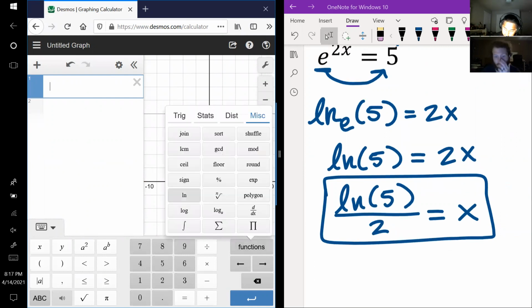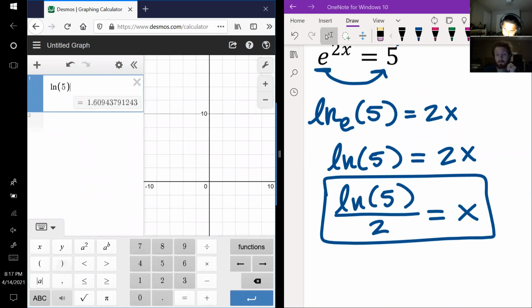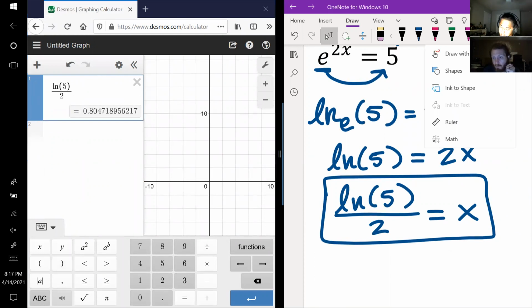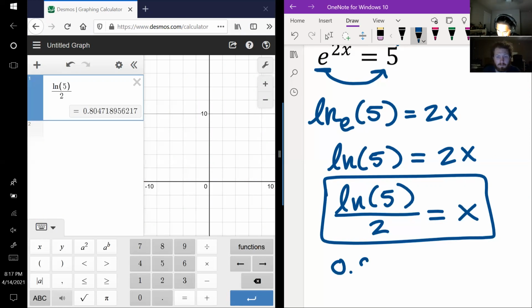I'm going to use the natural log of 5 divided by 2. And we'll do this to 3 decimal places. We're going to get 0.805 is approximately x. And again, we do this just in case MyMathLab wants decimals.